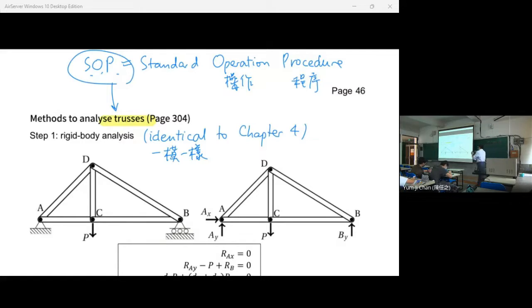So here we have a problem like this, and the distance here is D1, and D1, and this is D2.